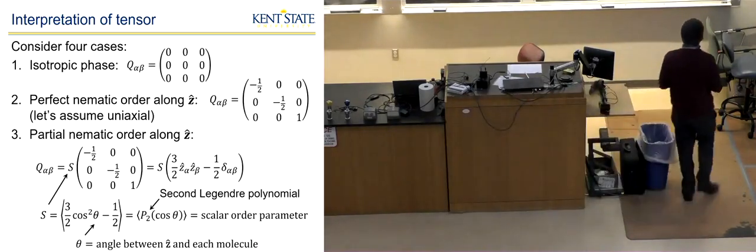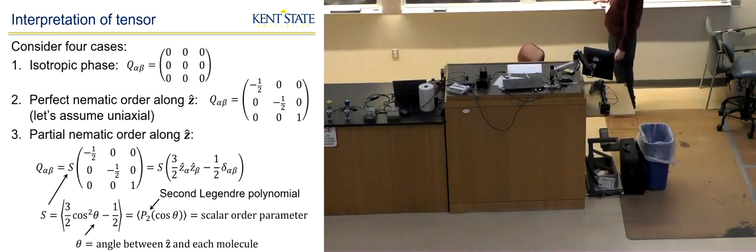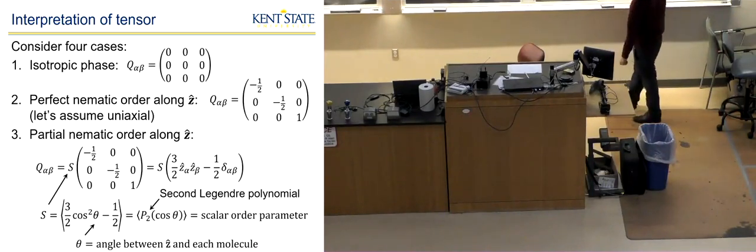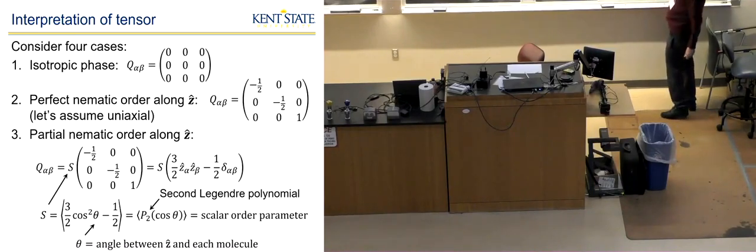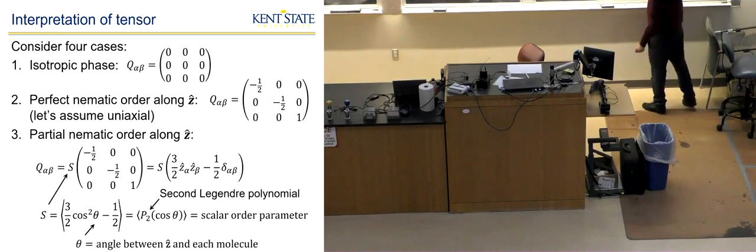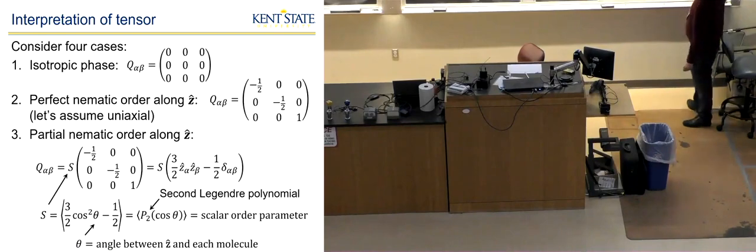If you have any molecule with some orientation, okay, so this thing is going to be the average of Lx Lx, and here is the average of Lx Ly, and so on, down to the average of Lz Lz.